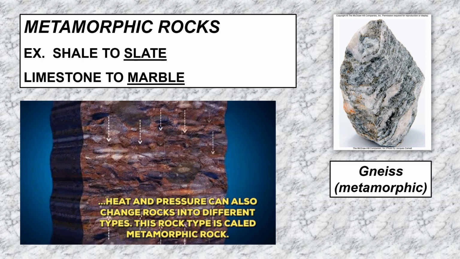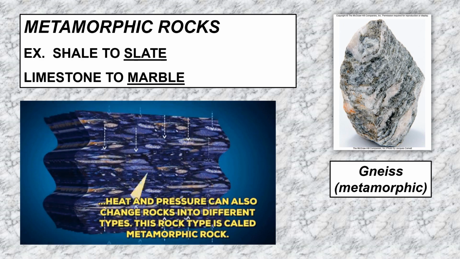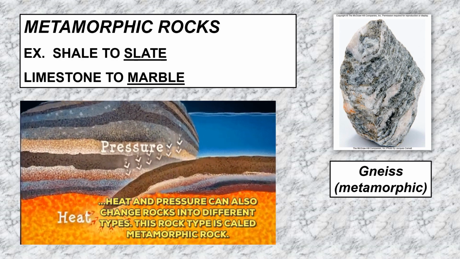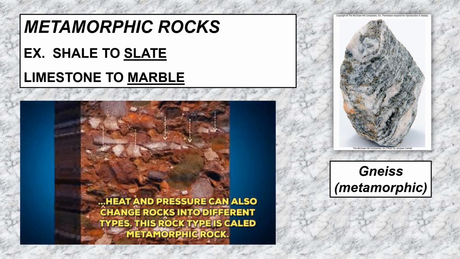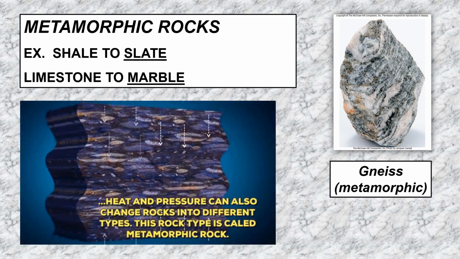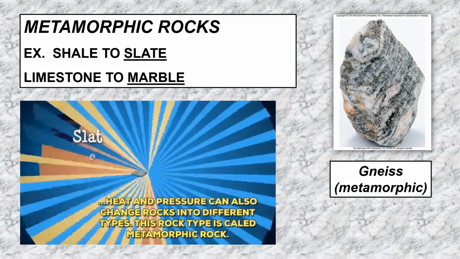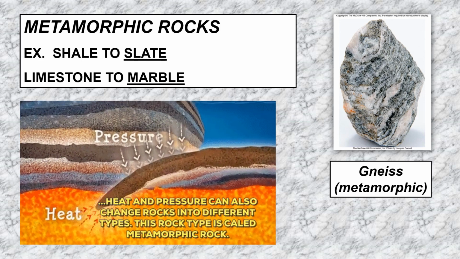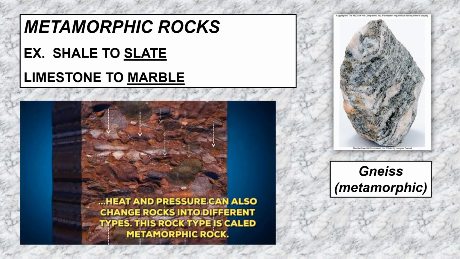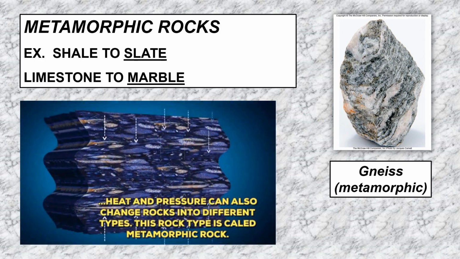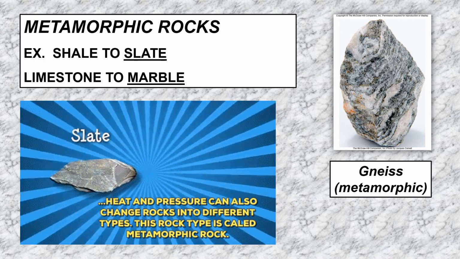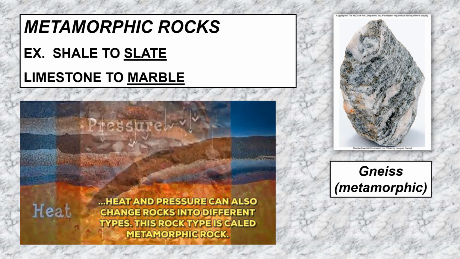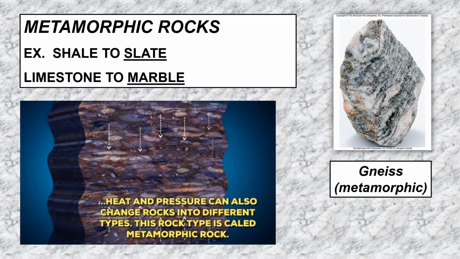Usually with metamorphism, the original rock is melted and changed to be a harder crystalline rock. A good example of this is how shale can be metamorphosed into slate, and limestone rock can be metamorphosed into marble. And then you can take the marble and build the Taj Mahal out of it, or kitchen countertops, and so forth.